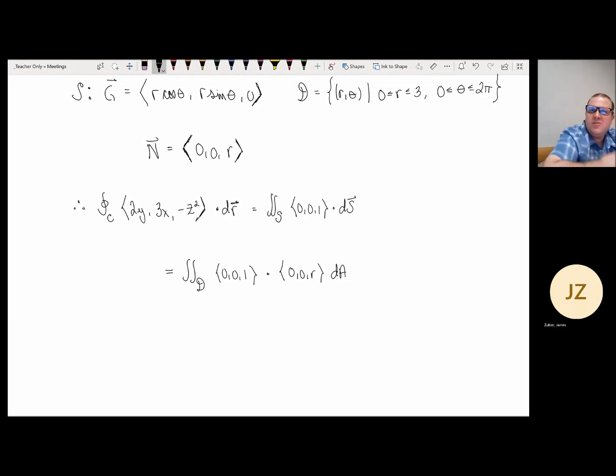Now that's nice because curl is a constant. dS becomes the normal vector dA.